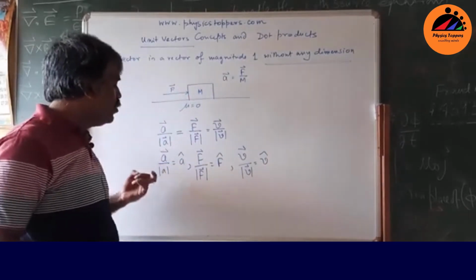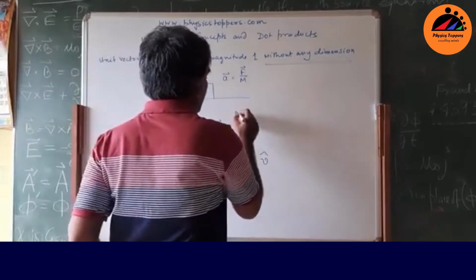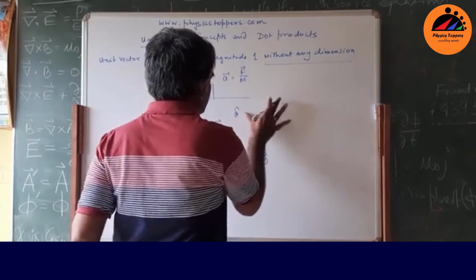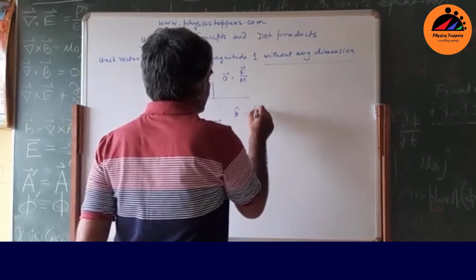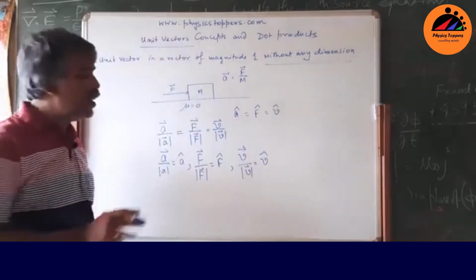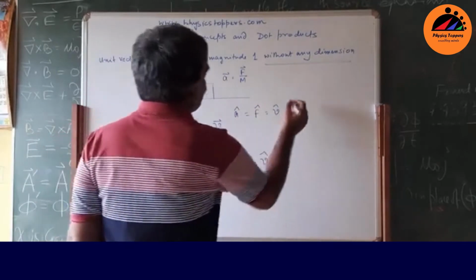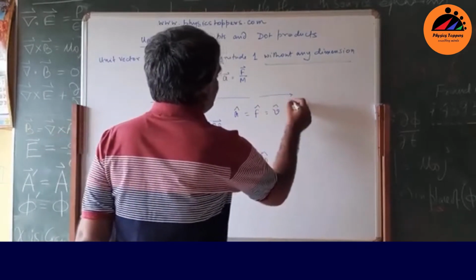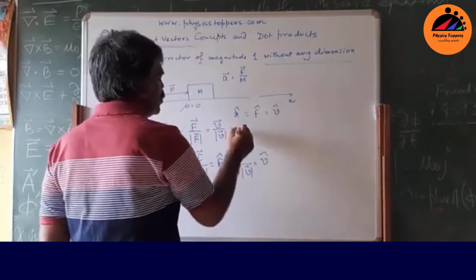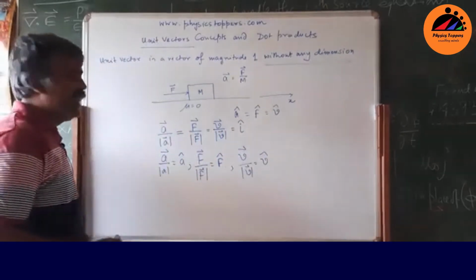So the unit vectors a hat, F hat and v hat are equal, and they do not carry any dimension. You can say this as well. Suppose I choose this as the x direction, you can call this i hat or i cap.